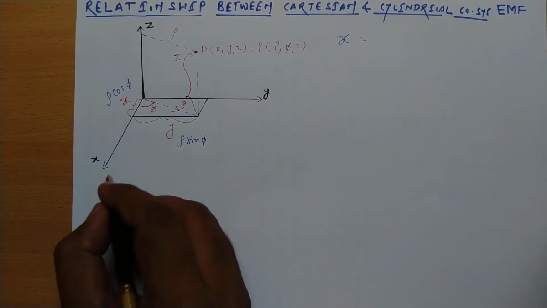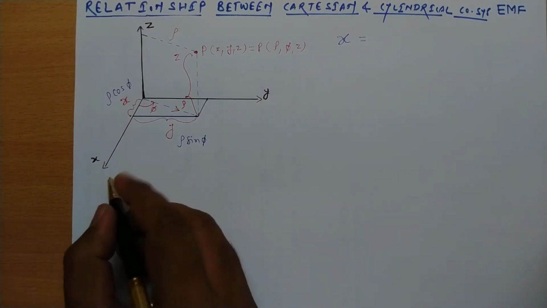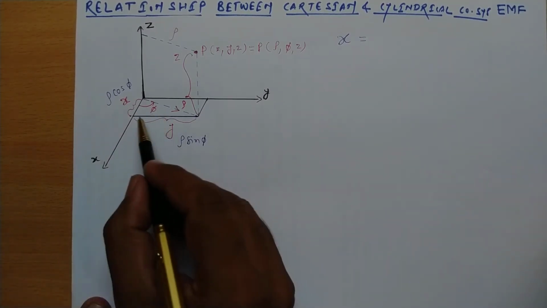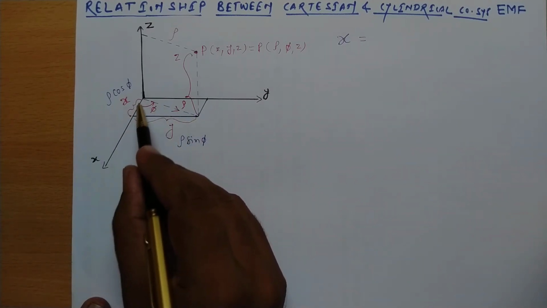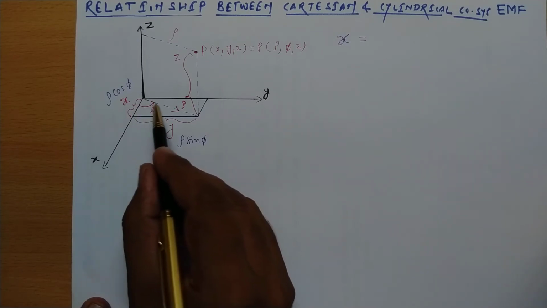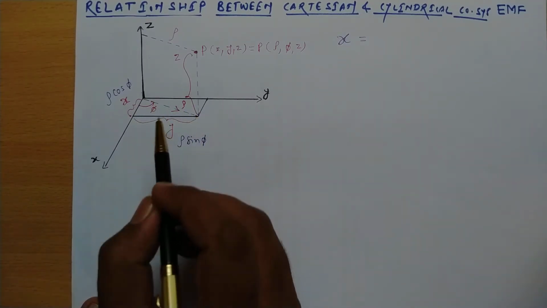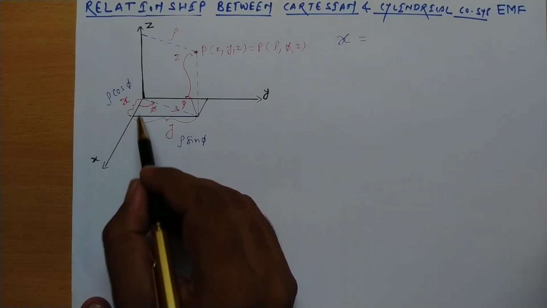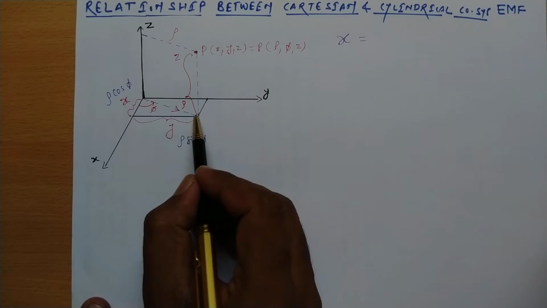I am just giving the explanation for x. If I take this triangle, this is the base, this is the perpendicular, and this is the hypotenuse.